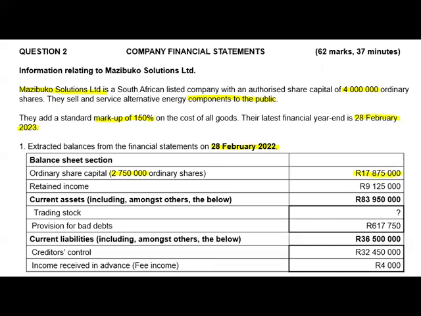But for our current assets, you will notice that trading stock is missing, but we also have provision for bad debts, which is 617,750. That is interesting, as that will indicate to us whether, if our provision is less than that for the current year, we'll have provision for bad debts adjustment and expenses.